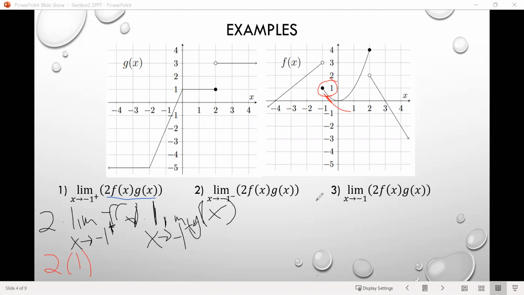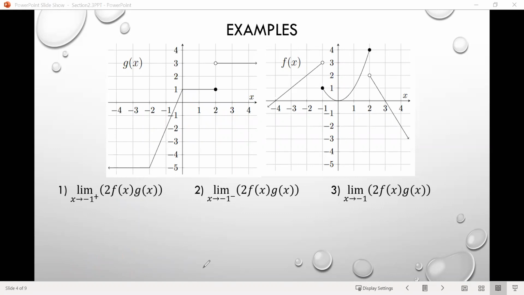And then for g of x, as we approach from the right-hand side for -1, it looks like the outputs there are getting closer and closer to -2. So I have 2 times 1 times -2, which would give us -4. So we know this first one here is -4, and I'm going to clear out my drawings. So this here will be -4.